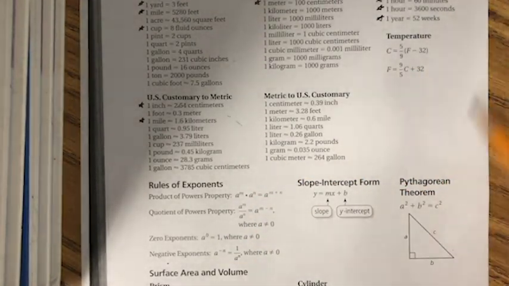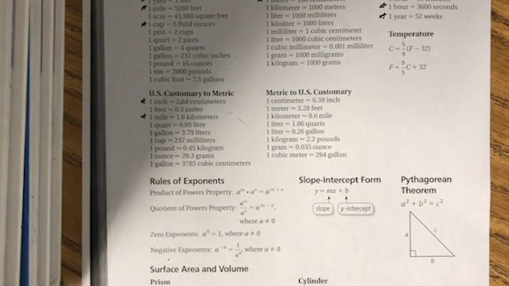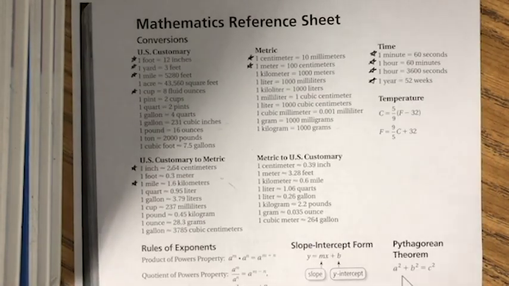The other little thing I want you to know about this, the ones that I have starred on your paper are the most common things that you will probably see in your math career. All these other ones will pop up every so often, but these are the ones that, I'm going to be honest with you, you might as well go ahead and memorize if you possibly can.